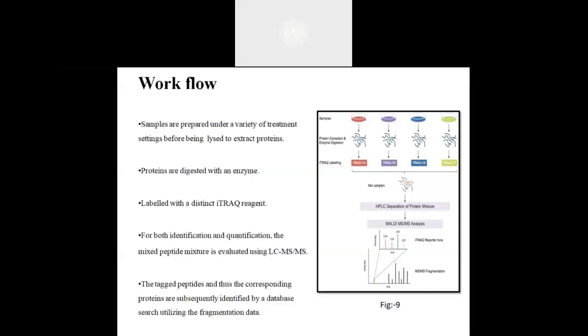The tagged peptides and corresponding proteins are subsequently identified by a database search utilizing the fragmentation data. The attached tag is fragmented, which results in a low molecular mass reporter ion that may be used to quantify the peptides and the proteins from which they came. So this is the workflow of iTRAQ.